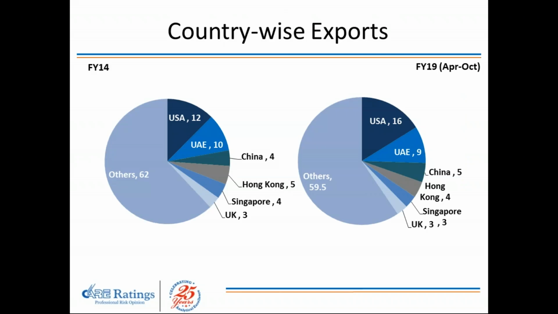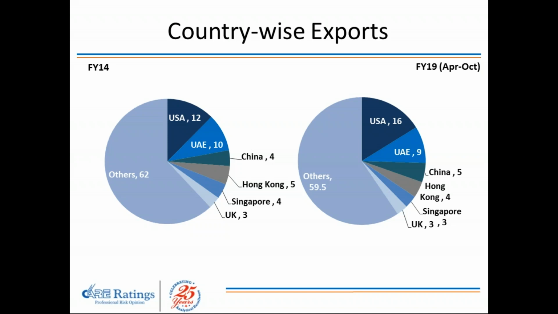In terms of destination for our exports, USA has emerged as the top destination for India, contributing 16% of our total exports, followed by UAE and China. The share of USA and China has increased in India's exports, with USA contributing 4% higher in FY19 compared with FY14, and China contributing 1% higher during this period.